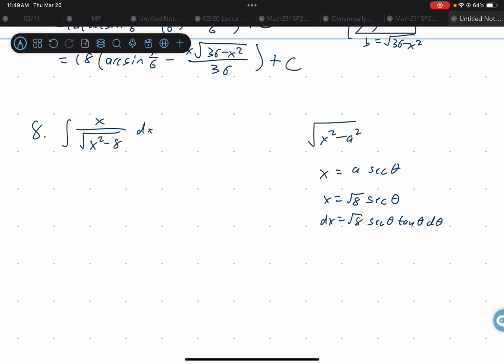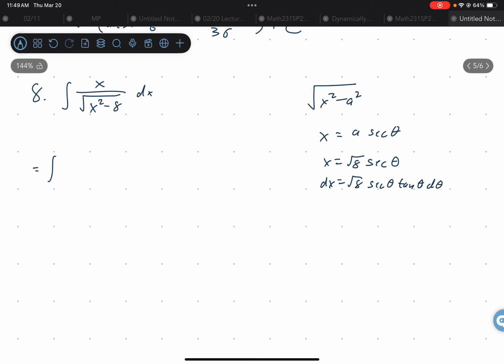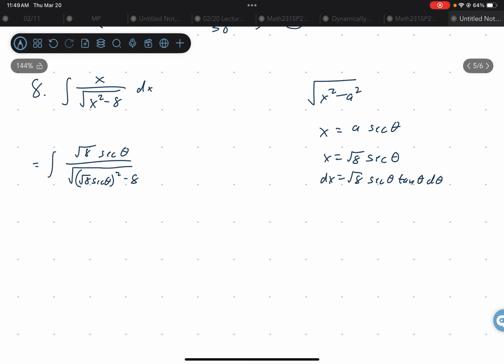Now let's just get to substituting. Square root 8 secant theta over square root of, and then we're going to have square root 8 secant theta squared minus 8.